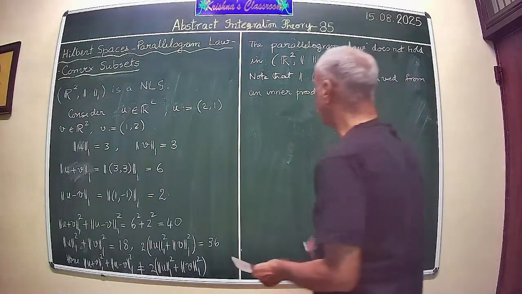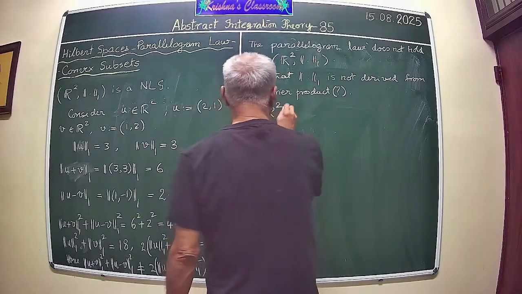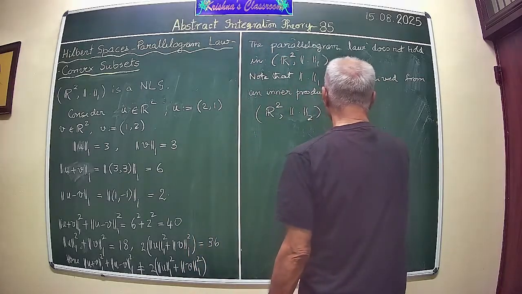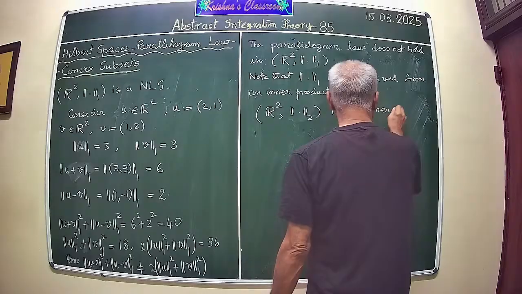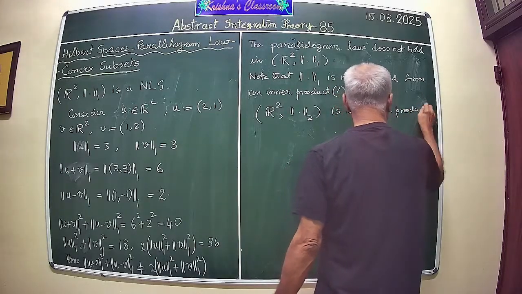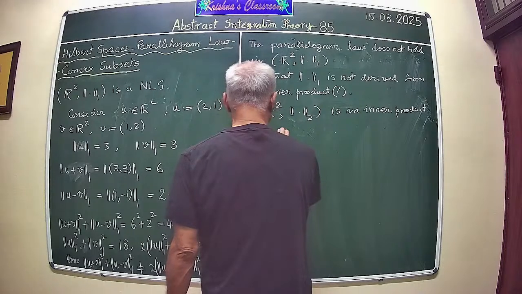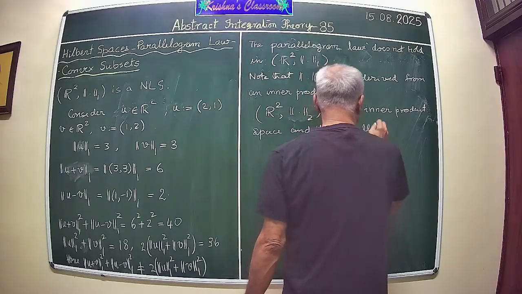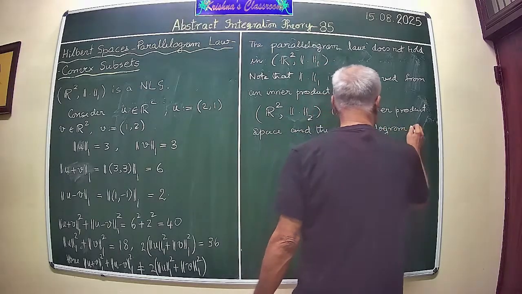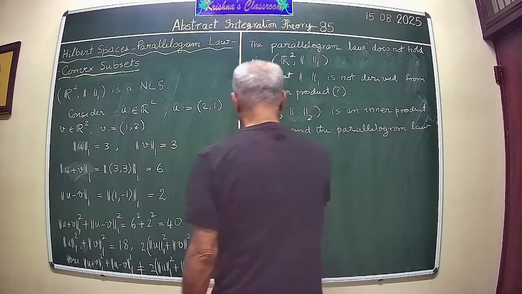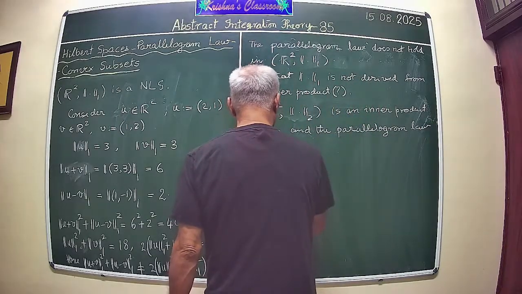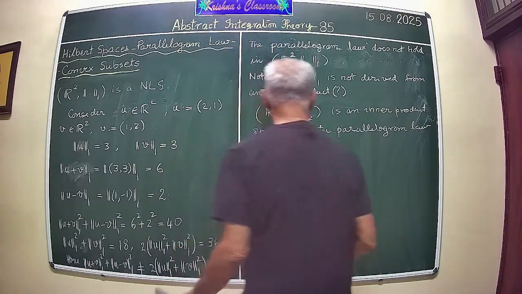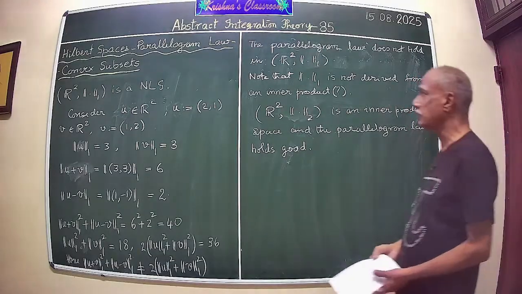But R2 is an inner product space and the parallelogram law holds good. So you might ask the next question.